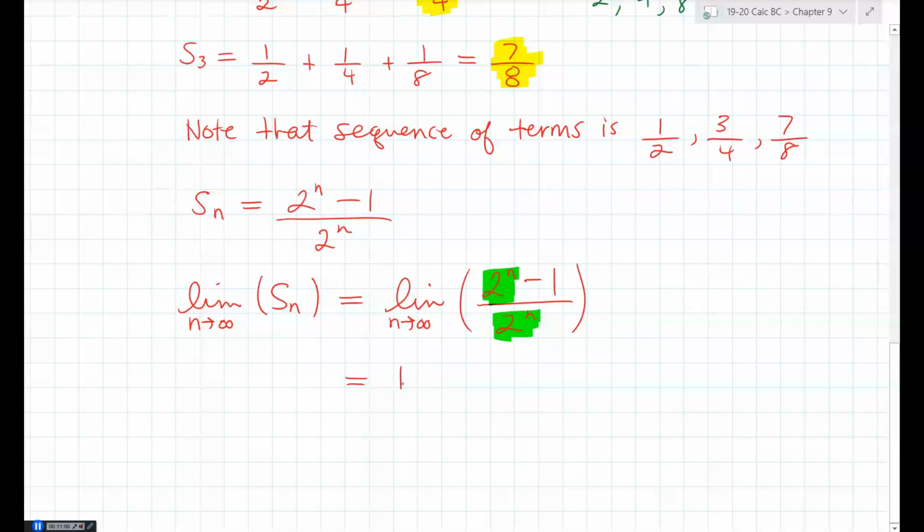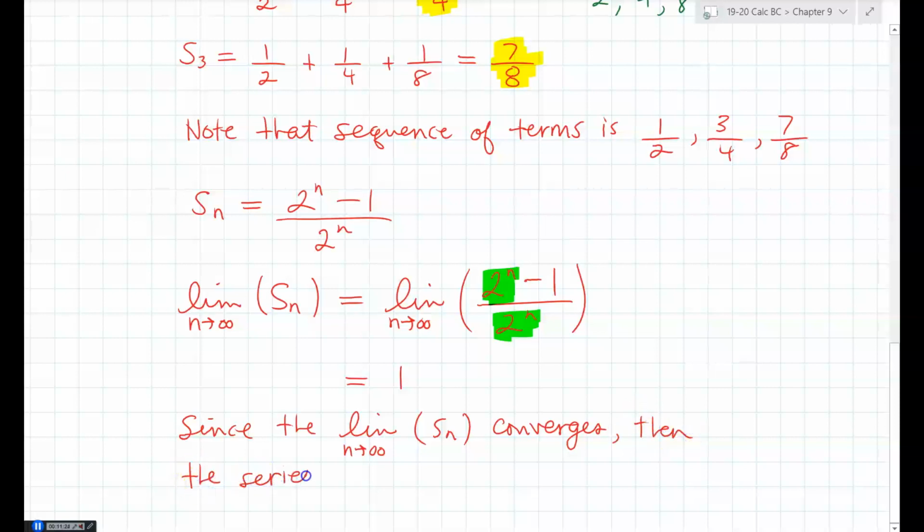Okay? So since that converges to an actual finite number, then the series converges. So since the limit as n approaches infinity of s sub n converges, then the series converges.